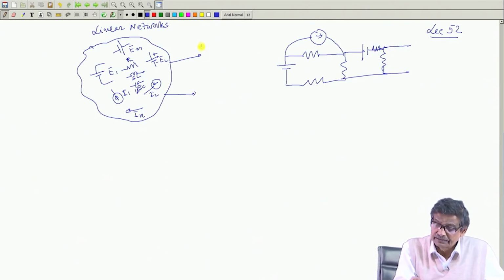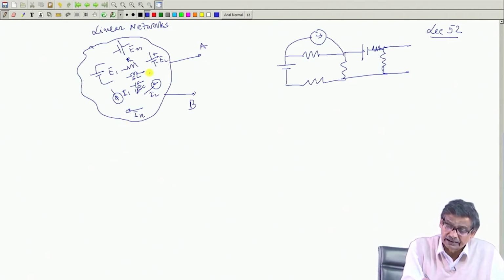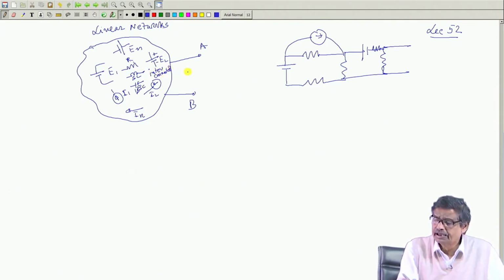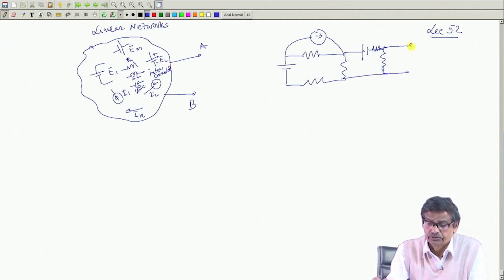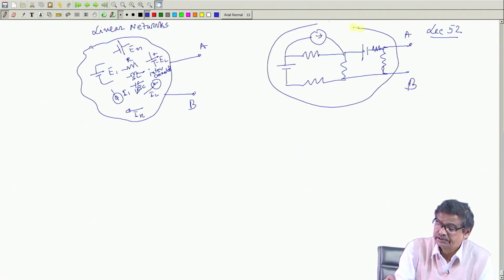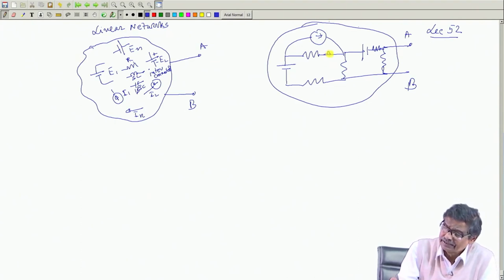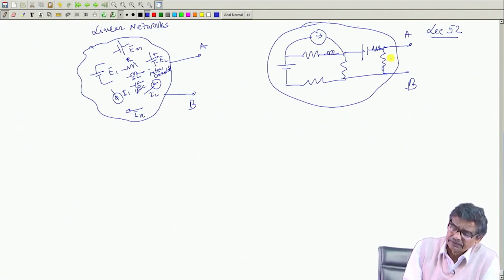And two terminals, these two are also connected at some two suitable nodes of this whole network, in which all these elements are interconnected in a particular fashion. These are the 2 points, A B, and this is the big network which I have circled here. There may be inductances, SL in the S domain, you think like that.